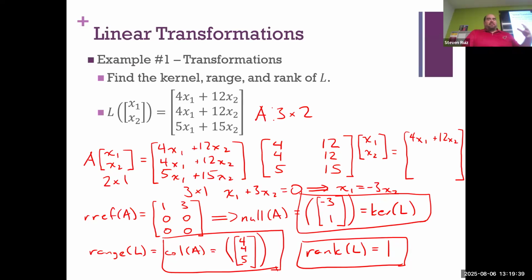That's what the onto idea really says, that you can pick anything you want in R3. And if my transformation is onto, I should be able to take the column space vectors and somehow combine them to reach whatever you gave to me. So now, having unpacked it in that way, is that true for L? No. So what is the basis for the column space of A?